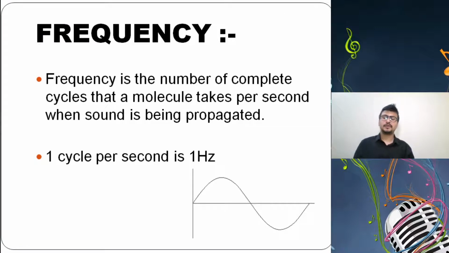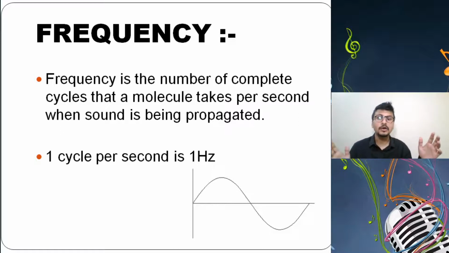Frequency is again a very important thing. Generally we say the frequency is high, the frequency is low. So frequency is the number of complete cycles that a molecule takes per second when sound is being propagated. For example, if I say hi, a wave comes.